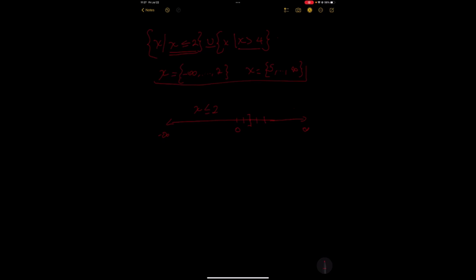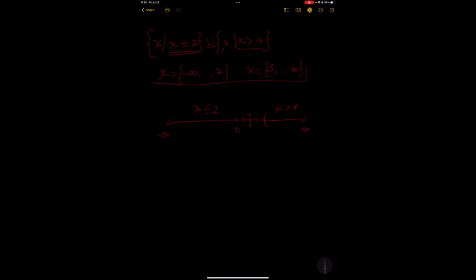Because 4 is not included, we put a parenthesis. That will be x greater than 4. So this would be the graph of x less than or equal to 2 union x greater than 4.